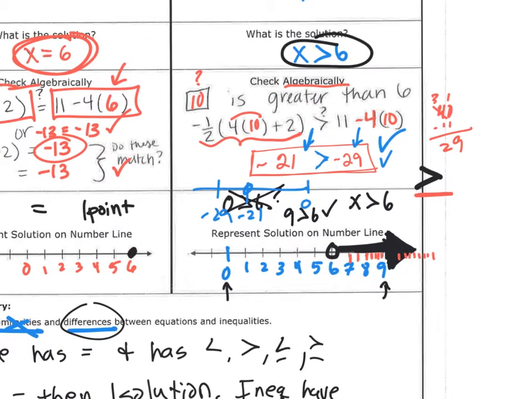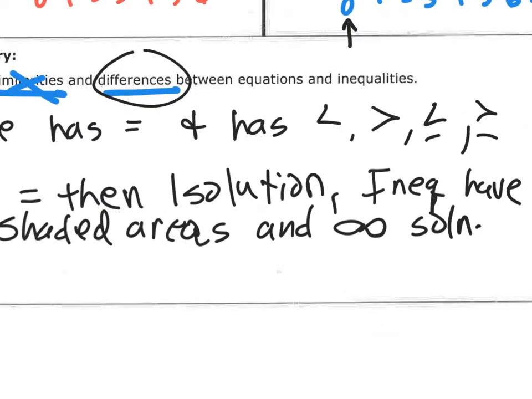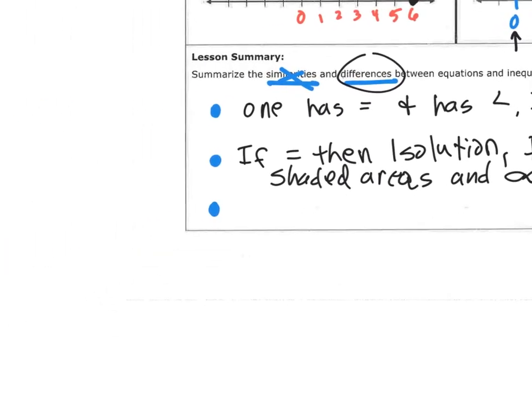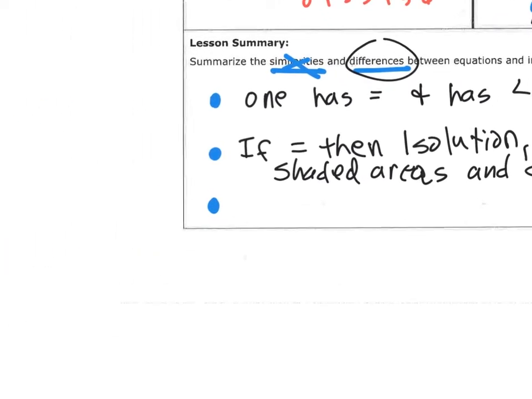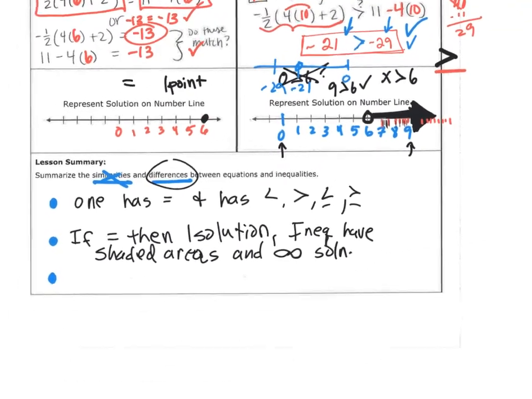Remember when we were talking up here, I said it could be 7, 7.5, 8, 8.1, 8.2, 8.3, 8.4. It could be 7.11, 7.12, 7.13, 7.14, and I can go even smaller, 7.1111, 7.112, and I can do that over and over again. So it has infinitely many solutions. I think that's all I've got for differences for right now.